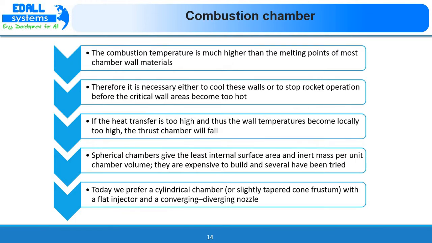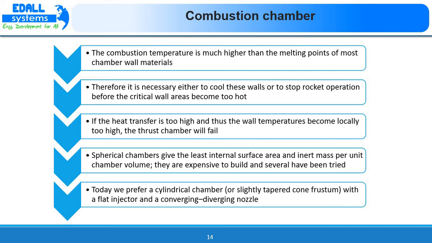So we know that inside a combustion chamber of a rocket engine several processes happen, but the main things are mixing, atomization, vaporization and chemical reactions, forming turbulence and generating thrust. The combustion temperature is much higher than the melting points of most chamber wall materials. Therefore, it is necessary either to cool these walls or to stop rocket operation before the critical wall areas become too hot.